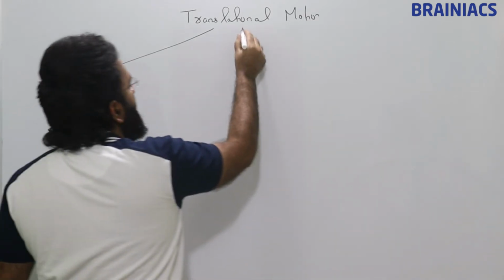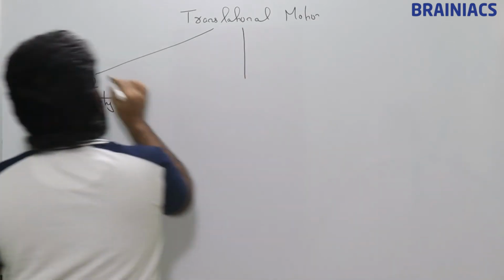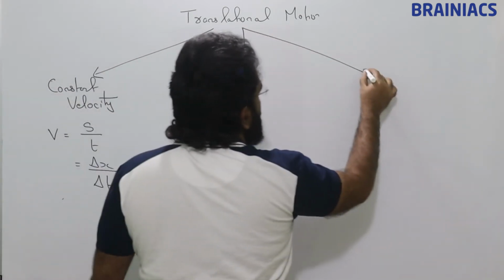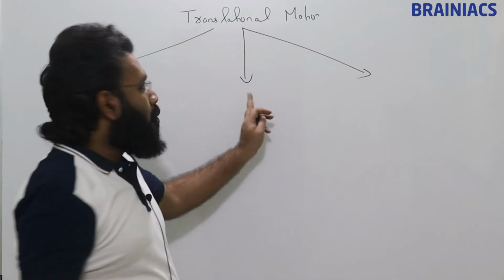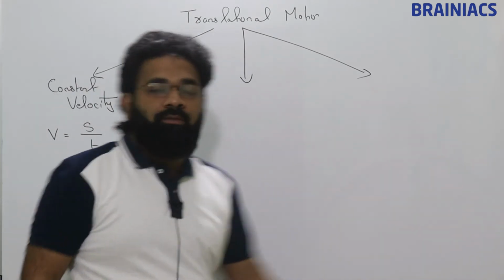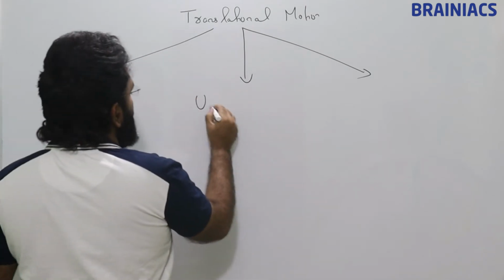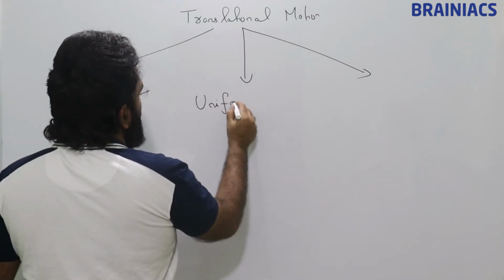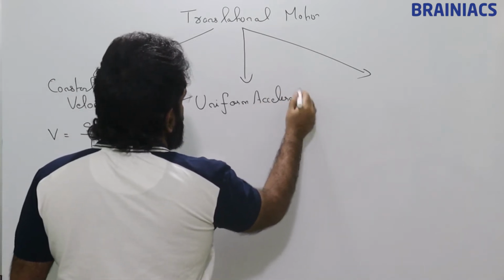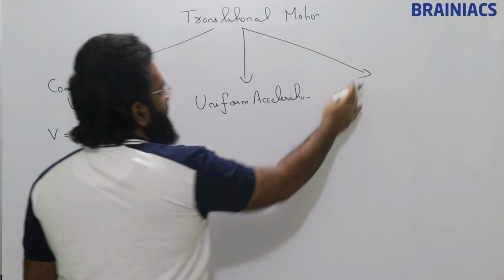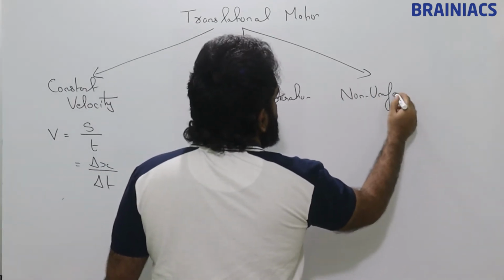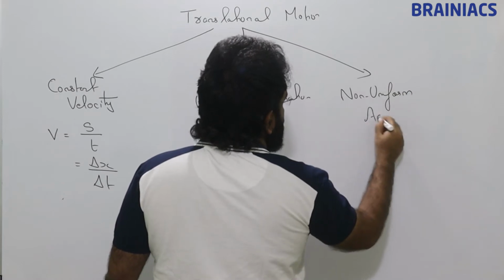Now this is constant velocity, and again we have two more types. One is with the uniform acceleration, another is with the non-uniform acceleration. This is uniform acceleration, and this is non-uniform acceleration.